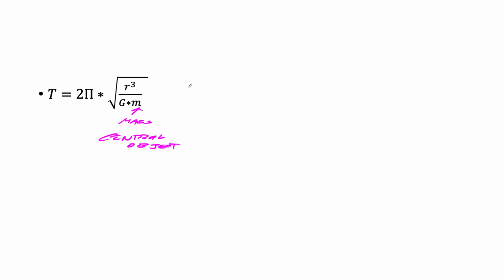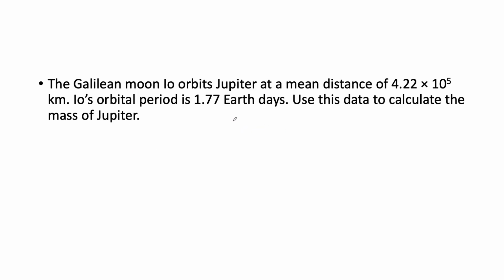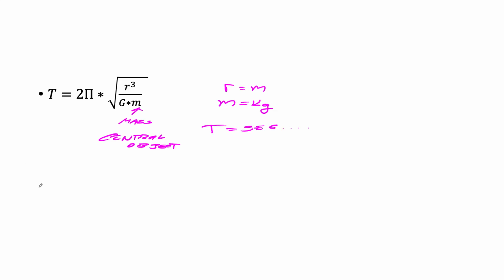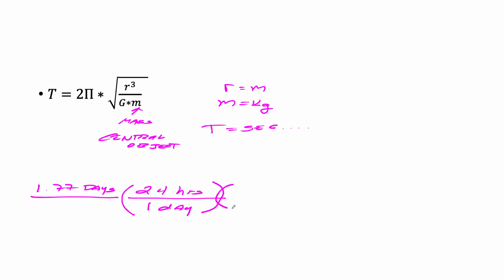What we need to do is make sure R is in meters, mass is in kilograms, T is in seconds. So we have 1.77 Earth days. One day is how many hours? We're going to assume 24 hours, not taking account of leap years or anything else.